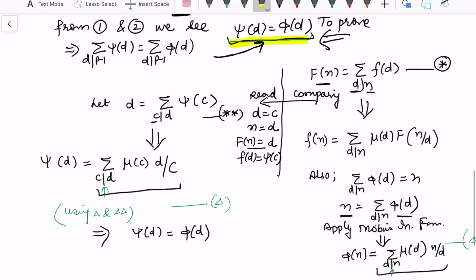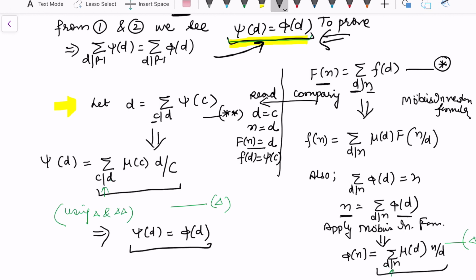To do that, we simply write again our one equation in the form of this, and then we apply the Mobius inversion formula. So here we have applied the Mobius inversion formula twice, once on the ξ function and once on the φ function. And it shows that both quantities are the same.